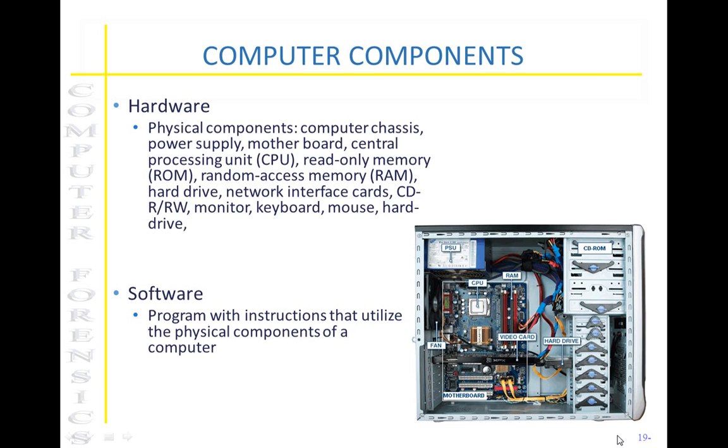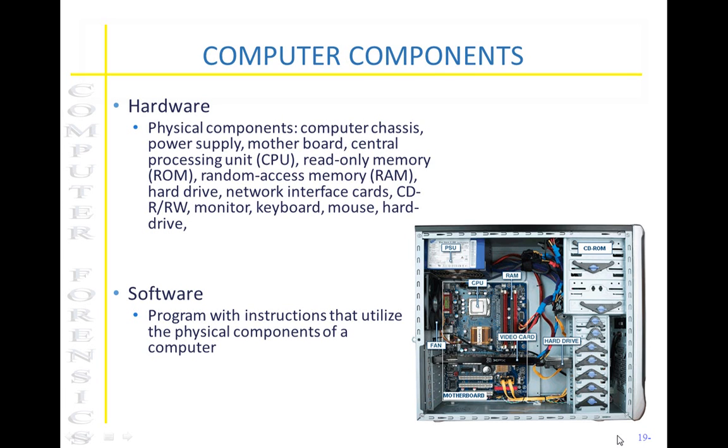If we think about how things become electronic data, let's discuss how a computer works. A computer is divided into hardware and software. The hardware is the physical components of the computer itself.